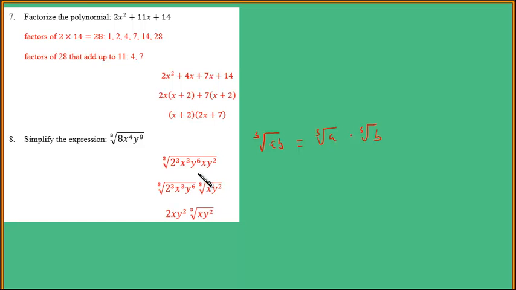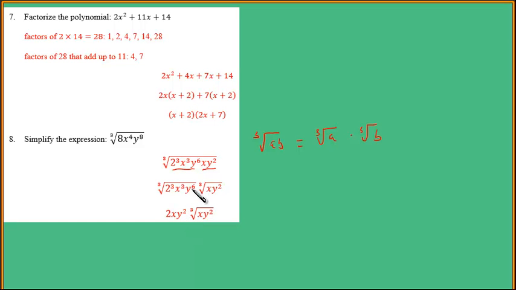So that's what's going on here. So we take these two products, find the third root of this, and then we find the third root of this. And of course this simplifies easily now, because what cube gives me 2 cubed? Well, 2. What cube gives me x cubed? That's x. What cube will give me y to the 6?